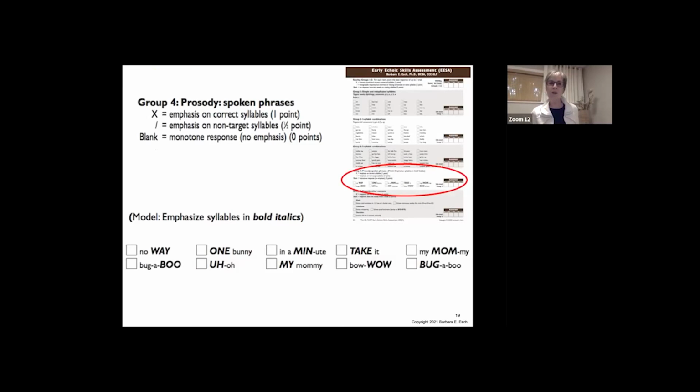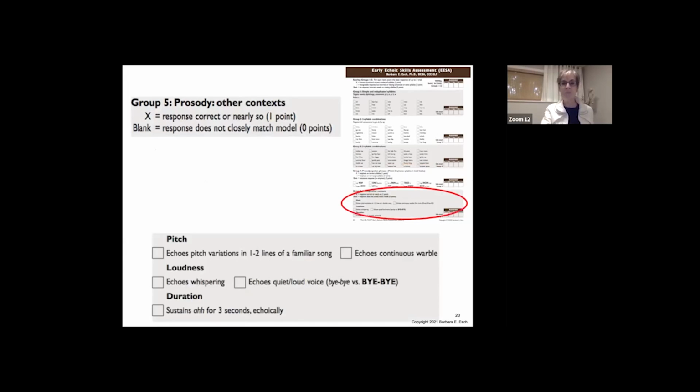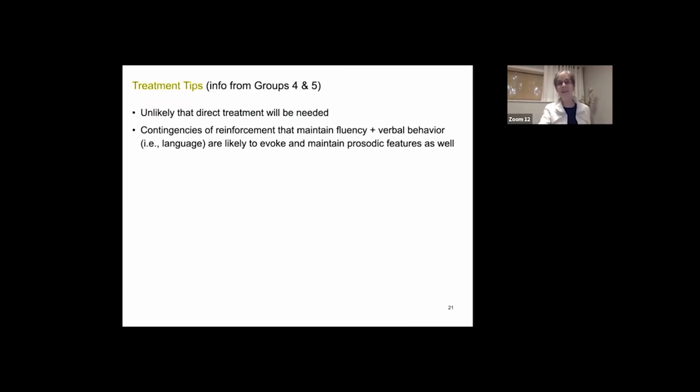So group 4 and group 5, again, we're just looking at the ability to emphasize sounds, the ability to vary pitch, loudness, and duration. Treatment tips: it's unlikely that direct treatment will be needed for prosodic issues, especially in early speakers. I wouldn't worry about it too much if they're monotone or if their loudness is off or their pitch is off a little bit.